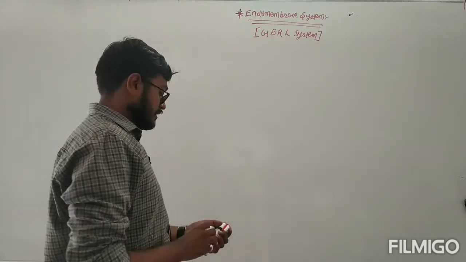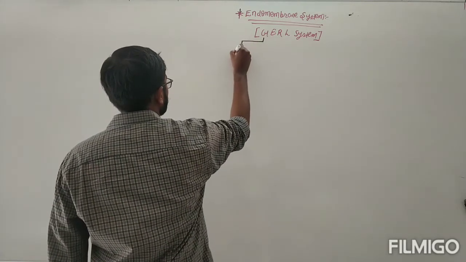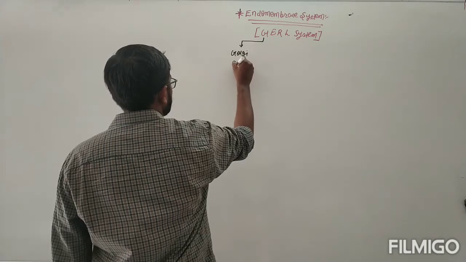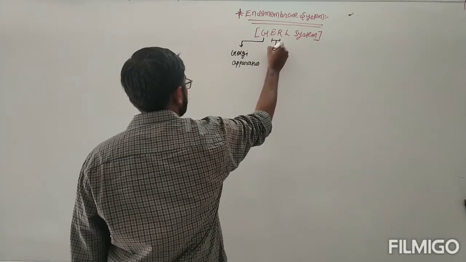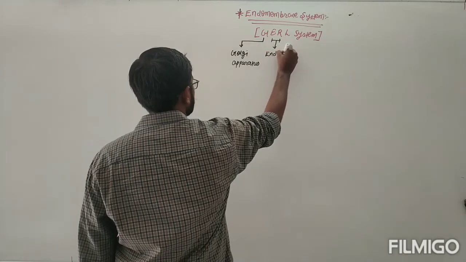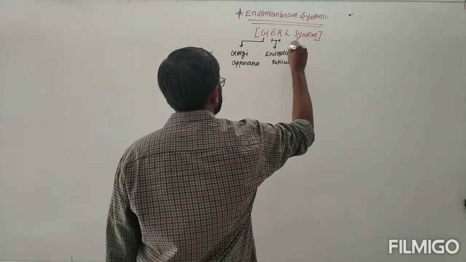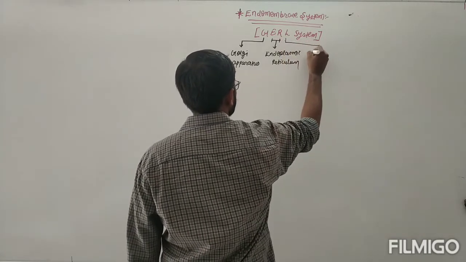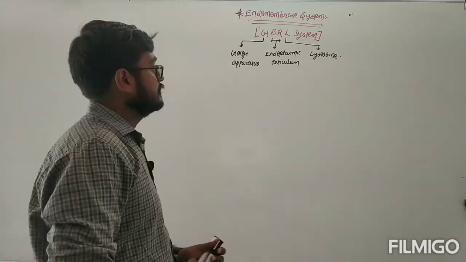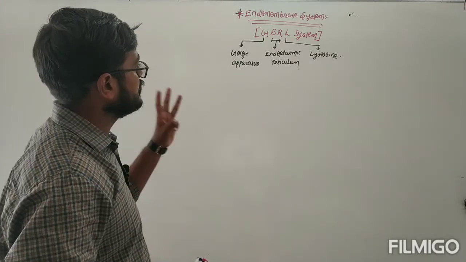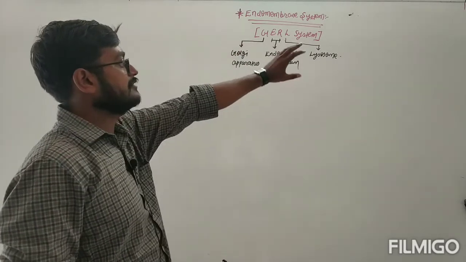Here the term GERL, G stands for Golgi apparatus, ER stands for endoplasmic reticulum, and L stands for lysosome. So in an endomembrane system, only three organelles participate: Golgi apparatus, endoplasmic reticulum, lysosome.